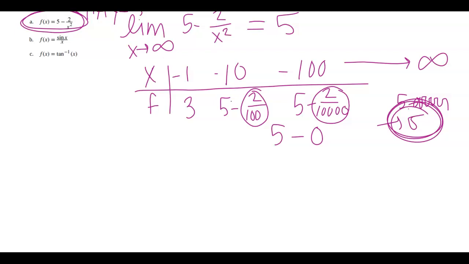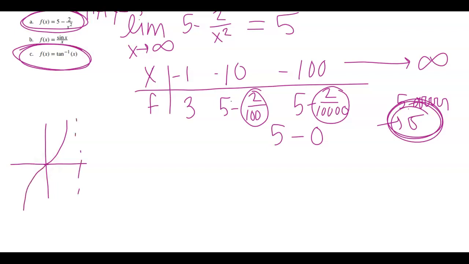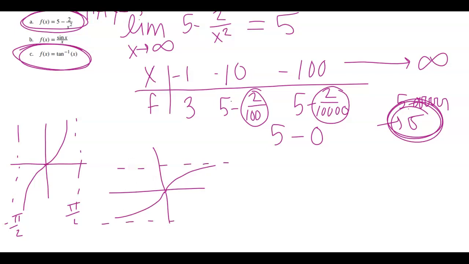So on C, I actually want to look at a graph of arctan first. Let's first look at a graph of tangent. Tangent has vertical asymptotes at negative pi over 2 and pi over 2. And so arctan, if I flip this around the line y equals x, those vertical asymptotes actually become horizontal asymptotes.